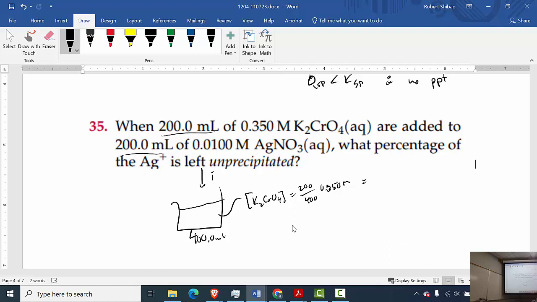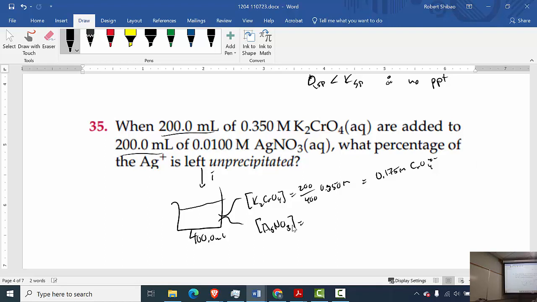So half of 350 is 175, is that correct? And this is a strong electrolyte, so it's going to be chromate. Potassium ions are going to be a spectator in this precipitation reaction. So I'll skip some steps there.